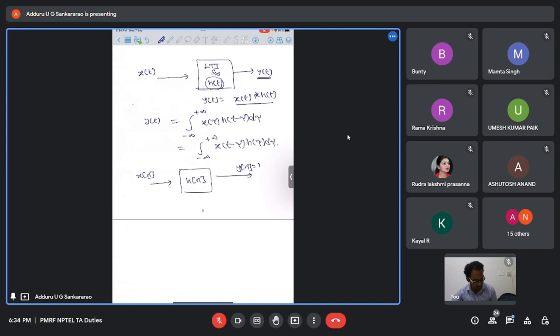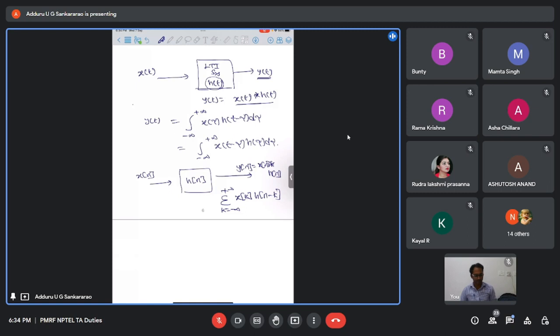It is again the convolution of input and impulse response: sum over k equal to minus infinity to infinity of x of k h of n minus k, or x of n minus k into h of k. This is the output of any LTI system, that is nothing but the convolution.